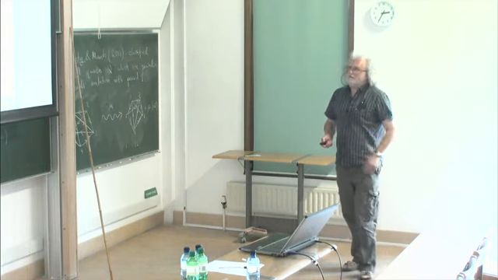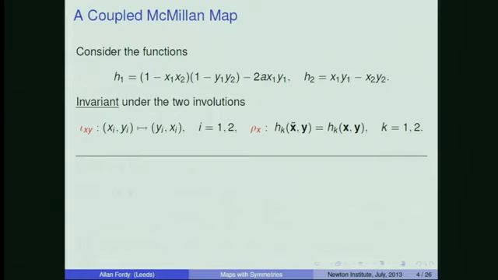Okay, so let's just consider this particular example, which came from one of our earlier papers. So you just take these two Hamiltonians, and you notice that this Hamiltonian is invariant under this simple involution, and you can create another involution that is sort of the first half of the QRT type construction, which is just by keeping y fixed and switching x around.